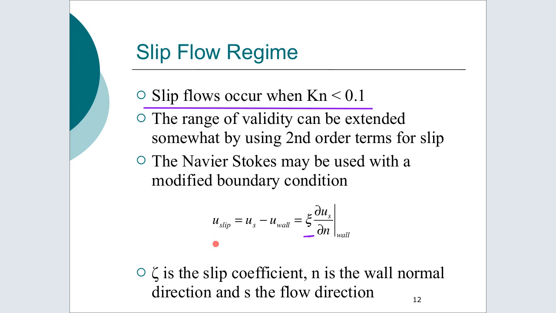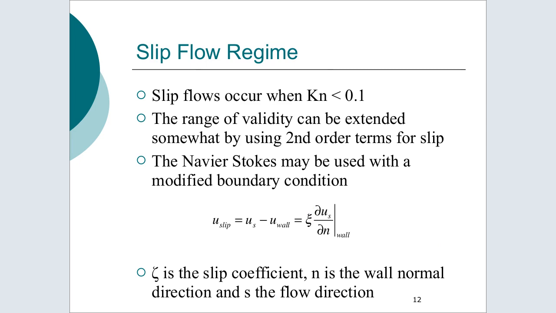The Navier approach gives us a slip boundary condition that is proportional to the wall normal gradient. Here n is the wall normal direction, and s is the flow direction. This is our slip length, so it has to have units of length.